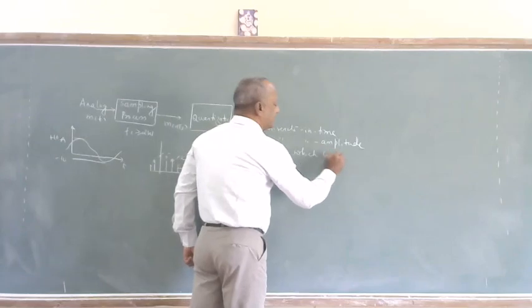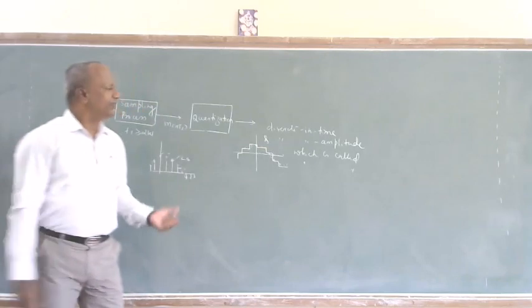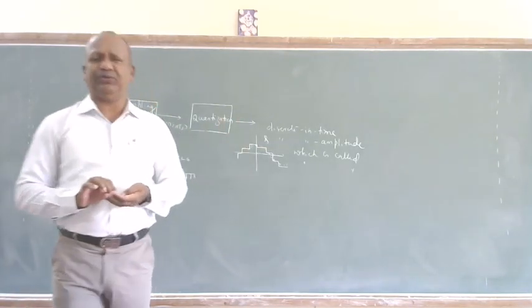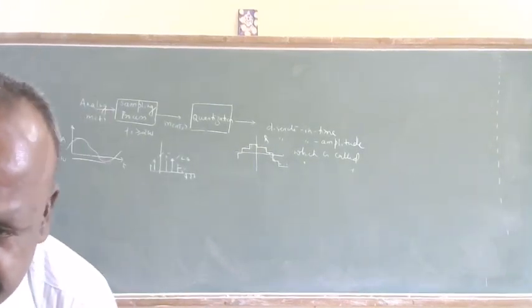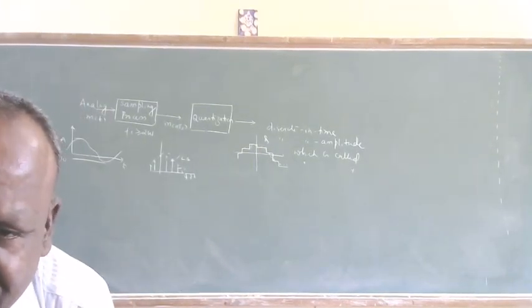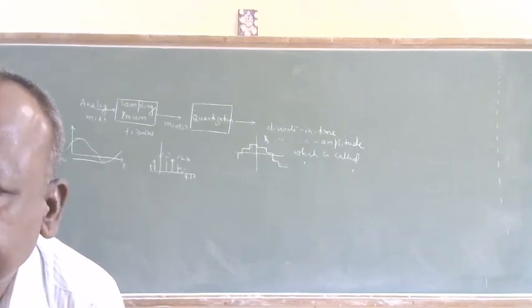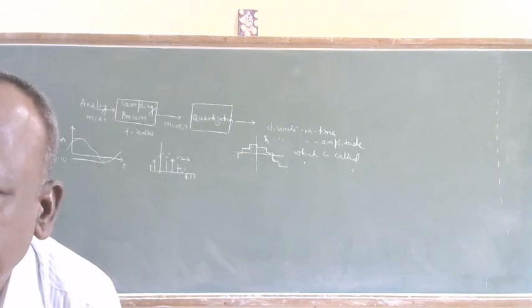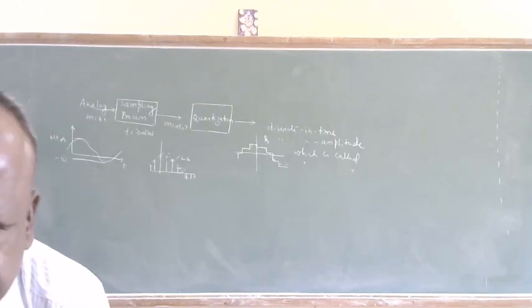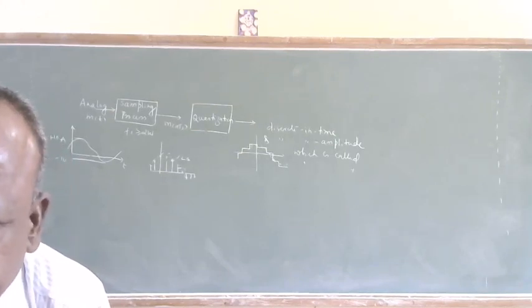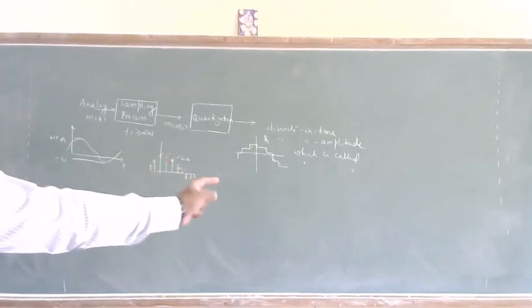which is called, anybody? What is the name for this signal, which is discrete in time and discrete in amplitude? Anybody? So please, one of you try to answer it. Nikhil? Nikhil Naik? So if the signal is discrete in time and discrete in amplitude, it is called what?